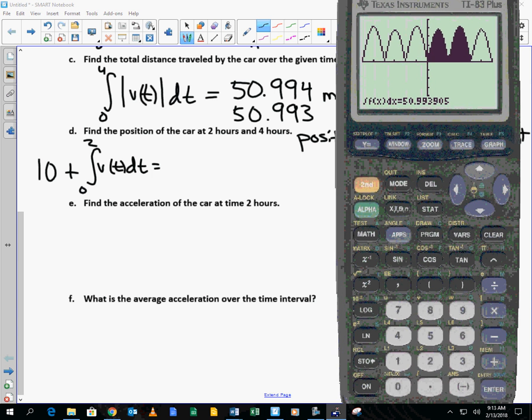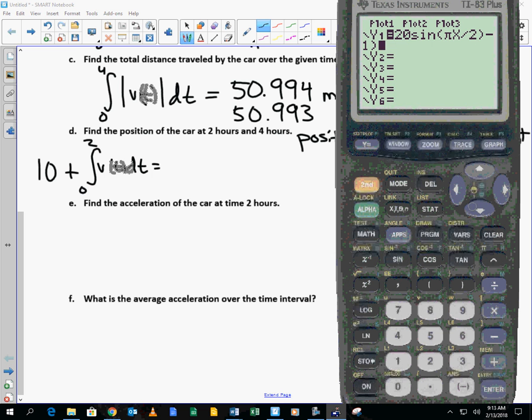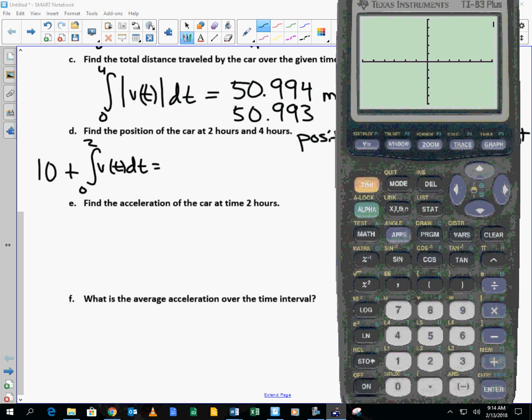Take out my handy-dandy calculator. I want to run this integral from 0 to 2. Grab number 7. And I get 23.465. Now, here's what I do sometimes in the AP exam. I forget to add on 10.